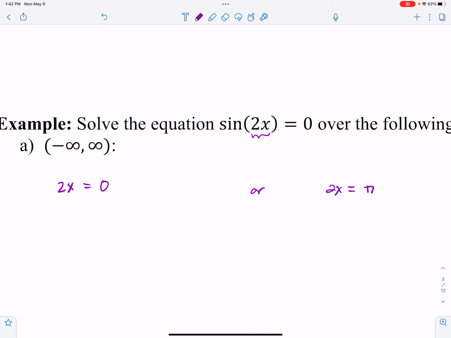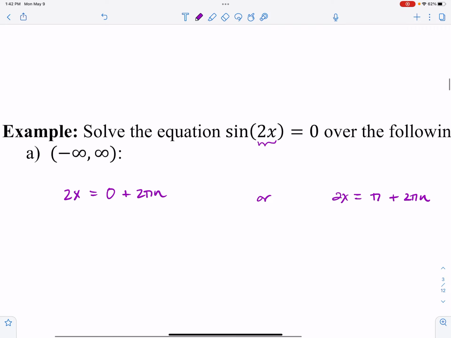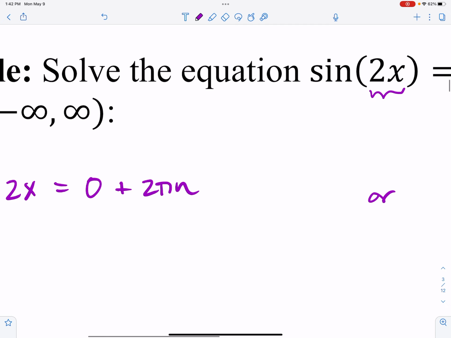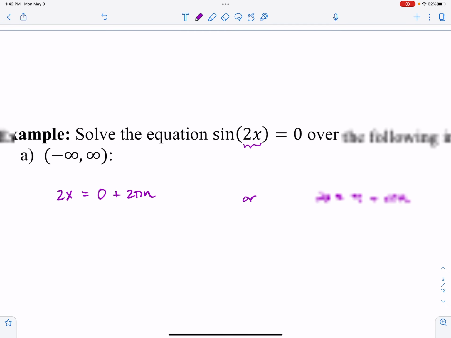If we replaced 2x with pi, sine of pi is 0. And then we need to include all of the coterminal angles to both of those angles. So to the angles that are between 0 and 2 pi, 2 pi would also be where sine would be equal to 0. But notice over here, if we let n equal 1, 2 pi would be included. So that's okay.